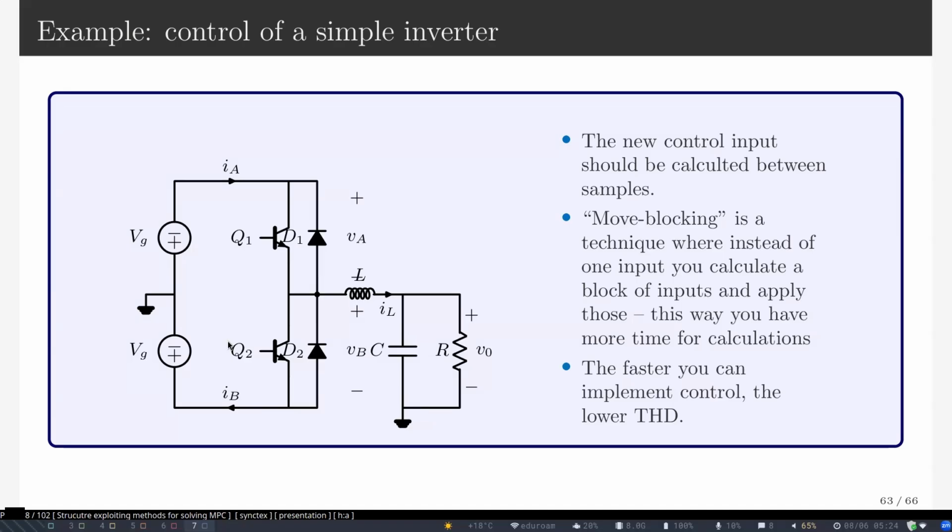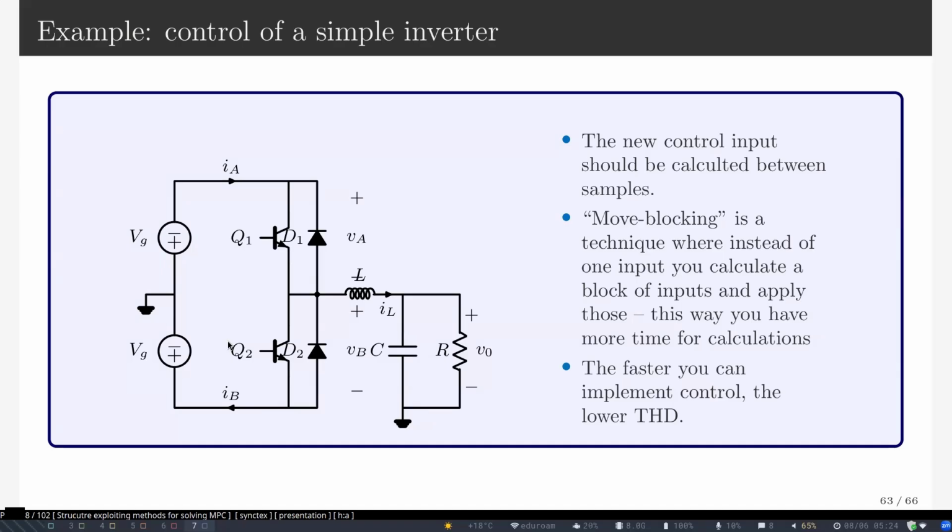I'm intentionally being a bit difficult, but okay, let's just rewrite this. I like writing things in terms of x. So I'm going to define my x as the inductor current and the capacitor voltage. There is no other current that I'm interested in.